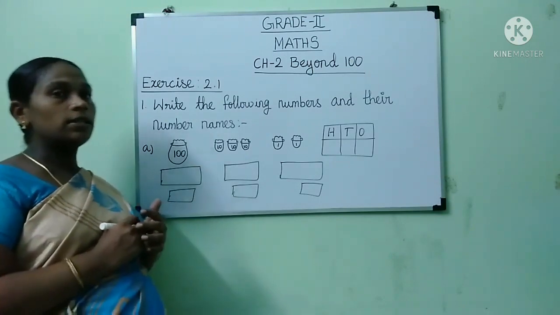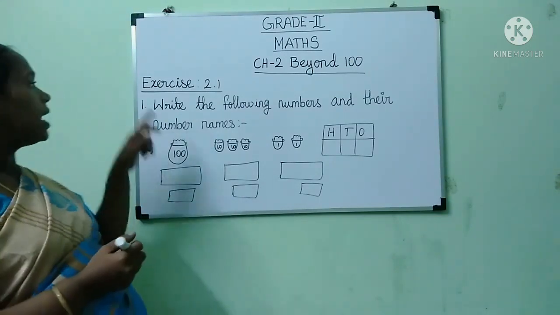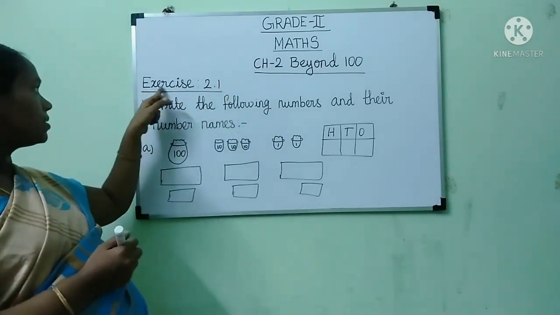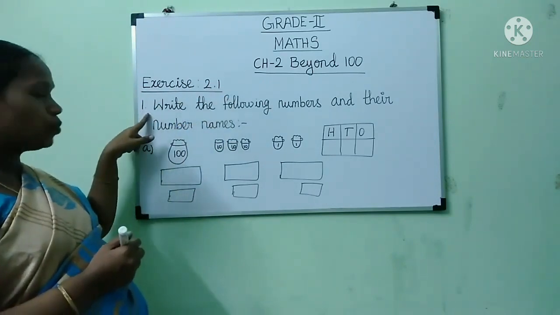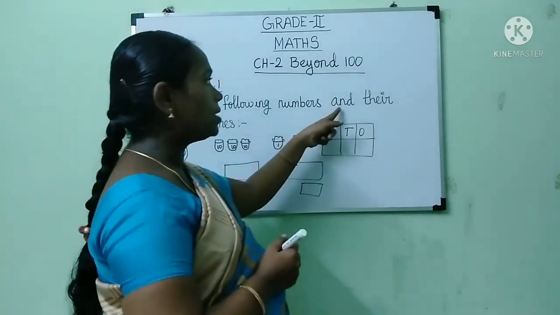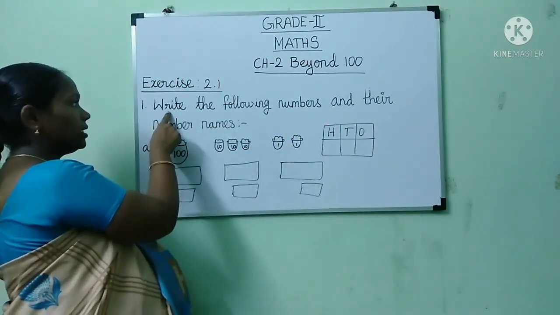Next, listen. Take page number 16. Exercise 2.1. What is this? Exercise 2.1. The first one: write the following numbers and their number names.